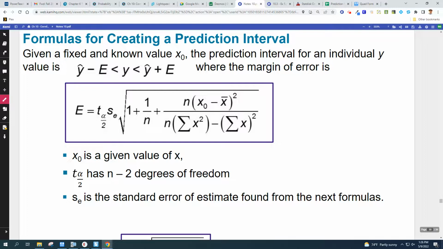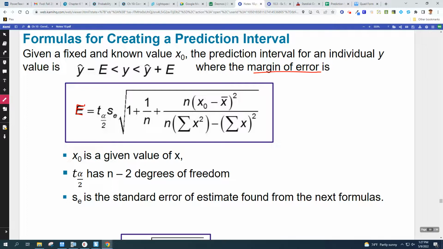We've got some really tricky equations here, and luckily we're going to let a spreadsheet take care of most of the math. But here's the formula for creating a prediction interval. We start by finding the margin of error, marked with E. You have to be able to find t, and you have to be able to find SE, which is the standard error of estimate. You've got that big square root. You've got a lot going on in that equation.